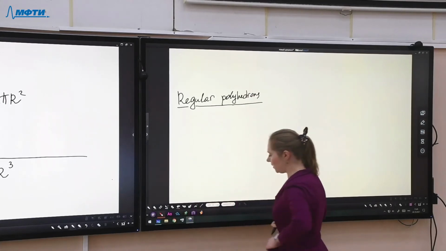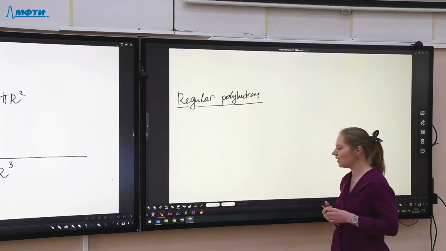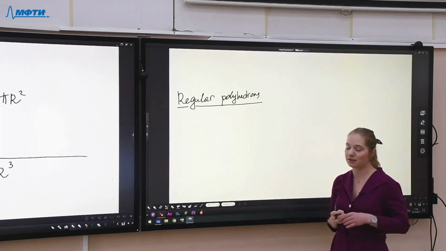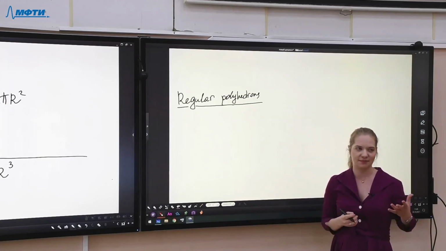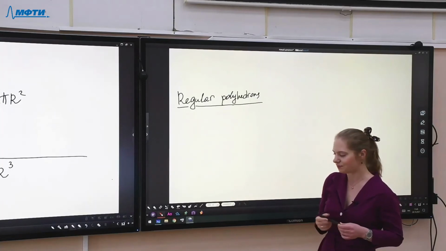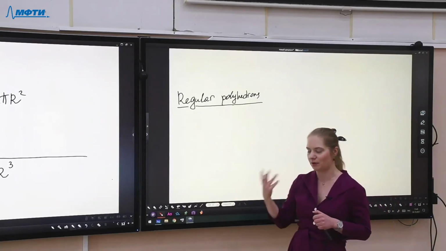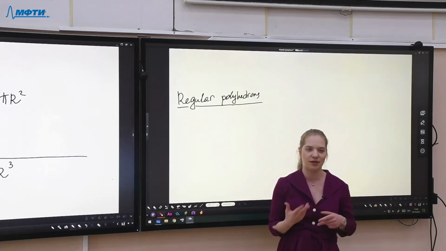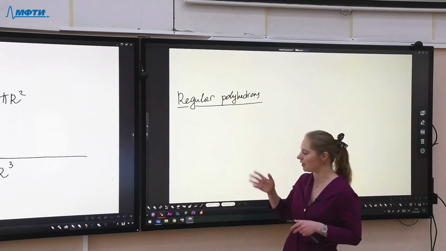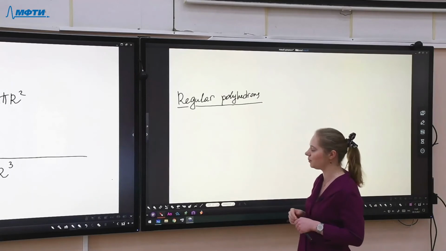Well, actually, a polyhedron is a solid bounded by plane surfaces. Sometimes we bound our solid by a curved surface, for example, a cylinder or a cone. But if we use only planes, we can talk about polyhedrons.